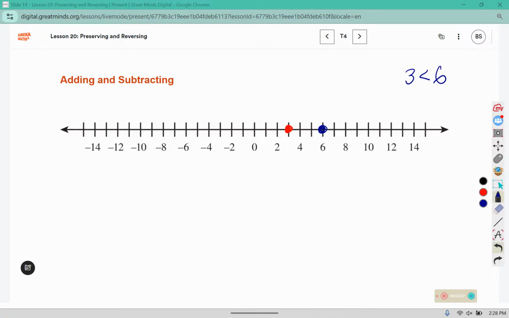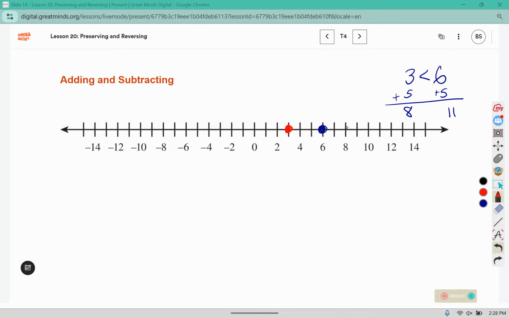So now we're going to try and add values to these numbers to see if we can maintain the same inequality. So let's say I add 5 to both of these. Well, then 3 plus 5 is 8, and 6 plus 5 is 11.